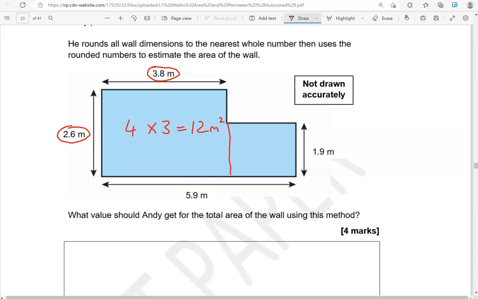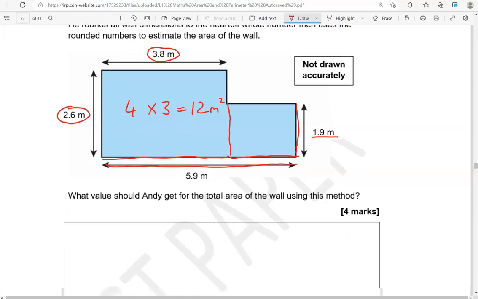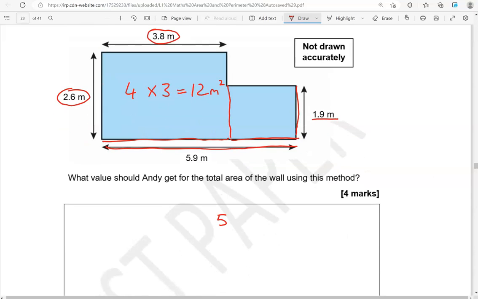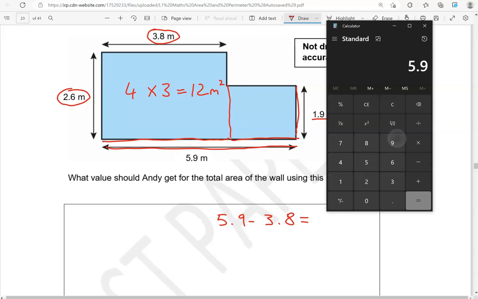We've got 1.9 meters by this length here, which we don't know. So we're going to work it out by doing 5.9 take away 3.8, which is 2.1.